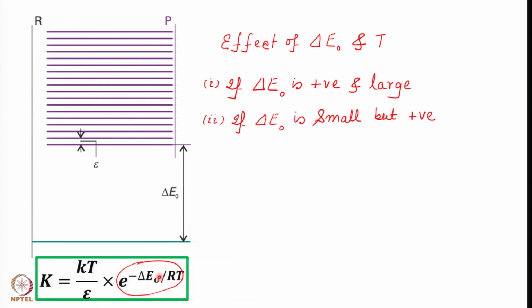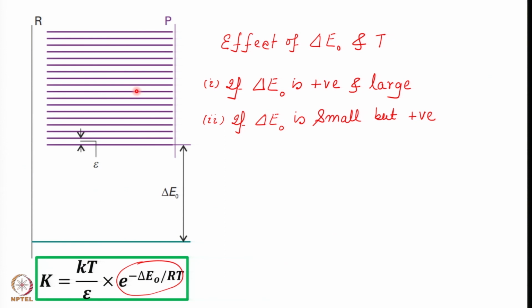If delta E naught is small but still positive, this is a reasonable number, but this pre-exponential factor is going to dominate. That means if we increase the temperature, then more and more molecules will occupy the energy levels corresponding to the product. So that means the equilibrium constant is also going to increase.